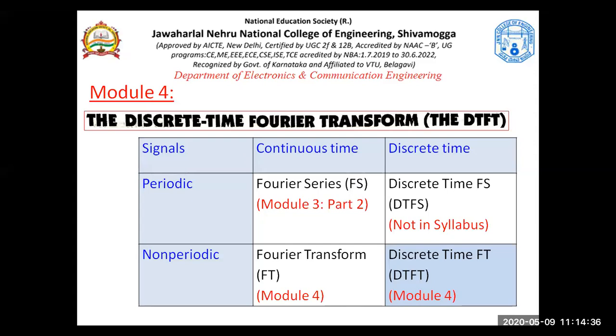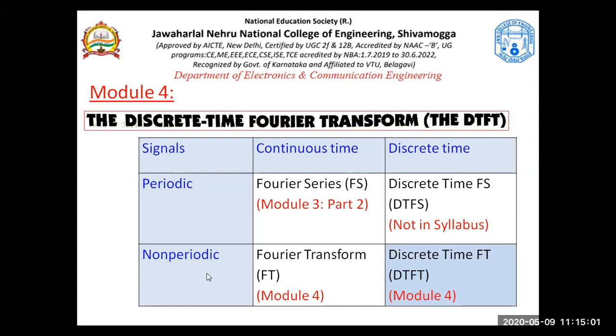In the fourth module, you will have the DTFT as well as the FT. DTFT means discrete time Fourier transform. Here, as the name suggests, it is discrete in time as well as non-periodic. If it is periodic, it is Fourier series.